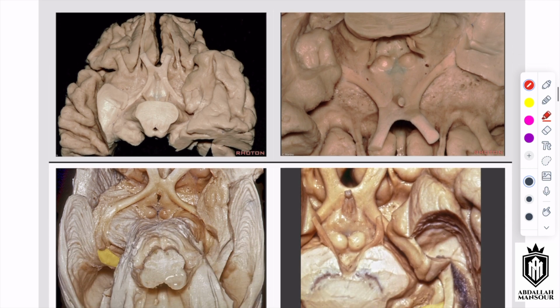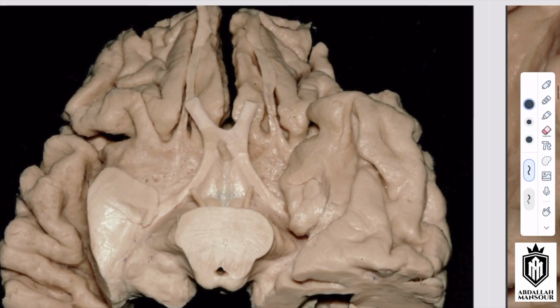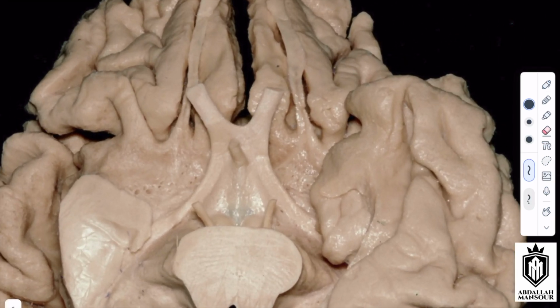So we have a few cadaveric images here. Starting with the first one, you can see this is the optic nerve, and we talked about it.